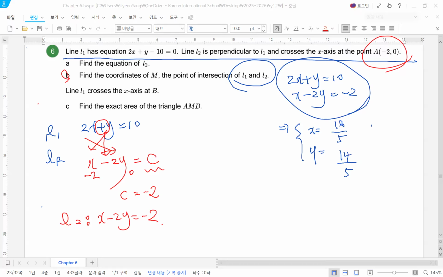So point M is 18 over 5, comma, 14 over 5.